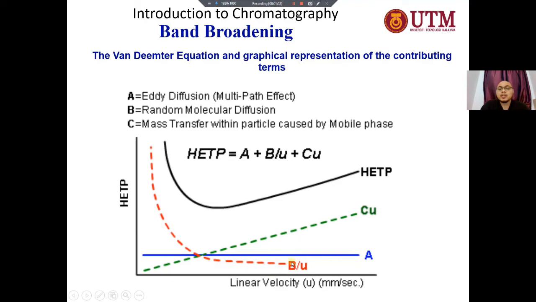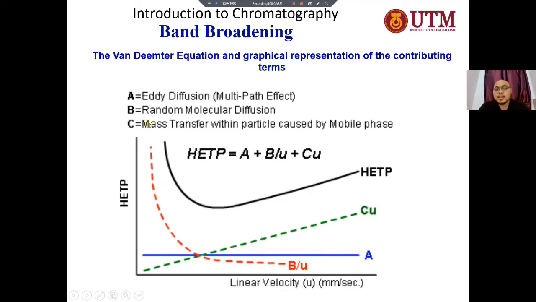If you want to counter the random molecular diffusion problem, you need to use a high velocity of flow rate. As you can see, at high velocity the random molecular diffusion is less. As the velocity increases, the HETP or plate height becomes lower, so the efficiency of separation becomes better.